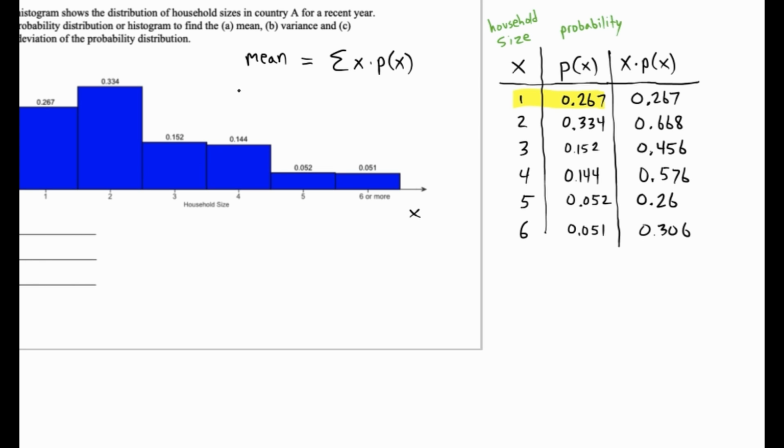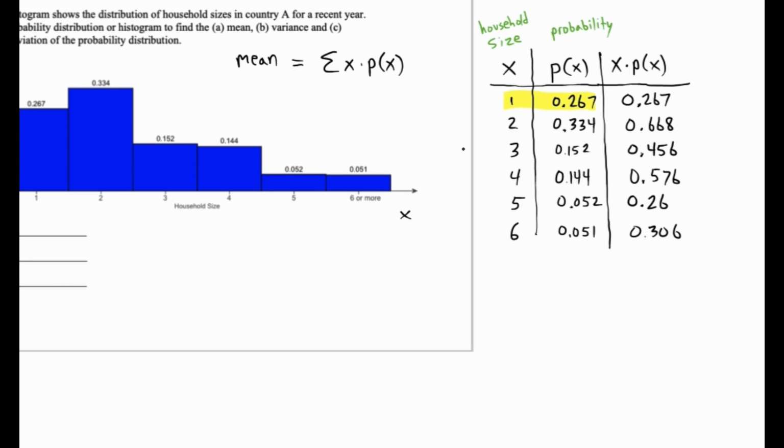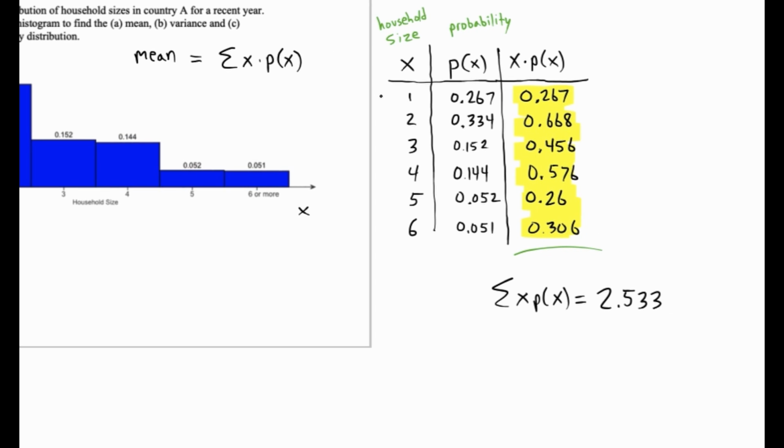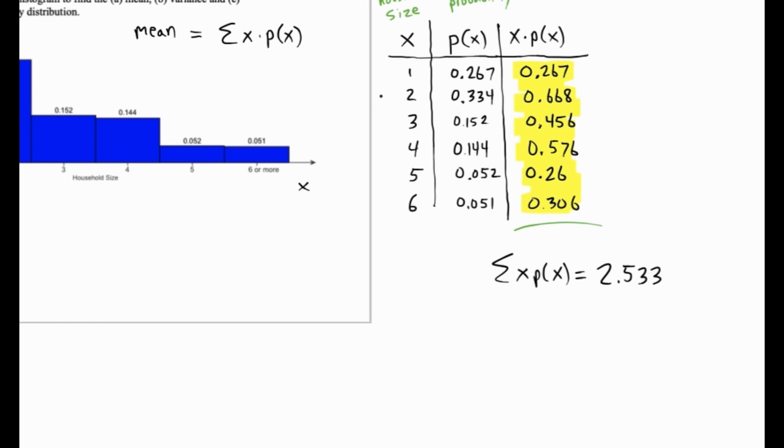Okay, all we've got to do is just sum up that last column, add all these. I get that the sum of x p of x is going to be 2.533. Now let's just check that with technology and make sure that's correct.